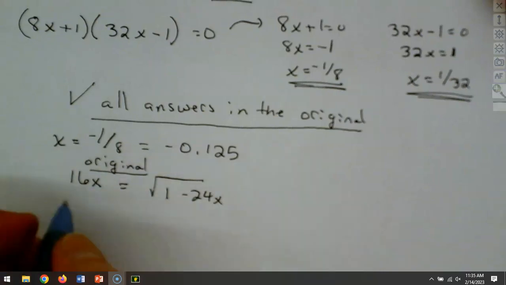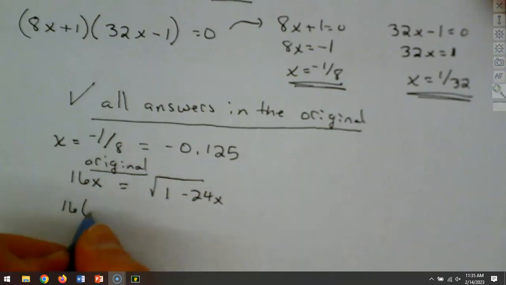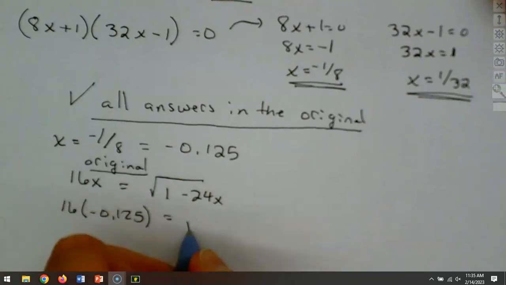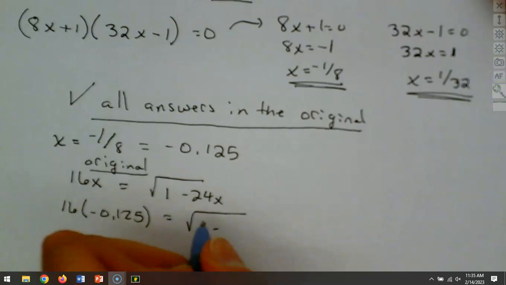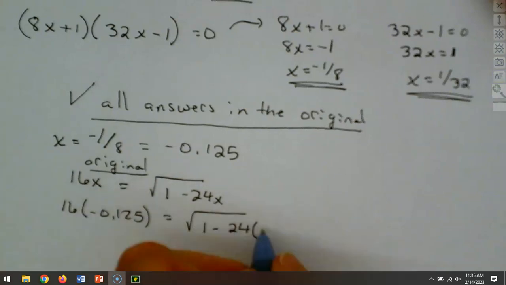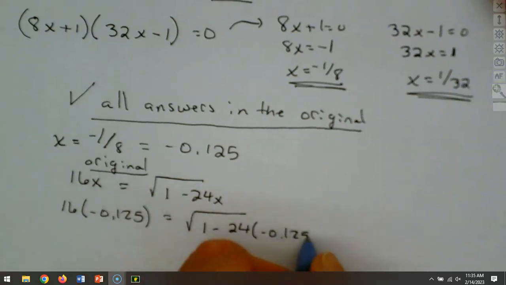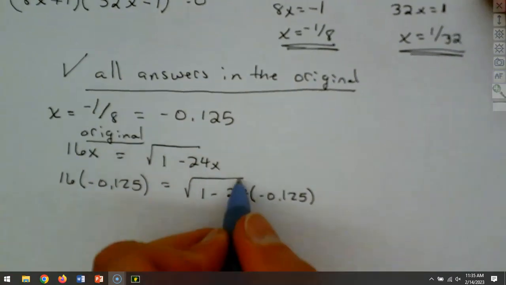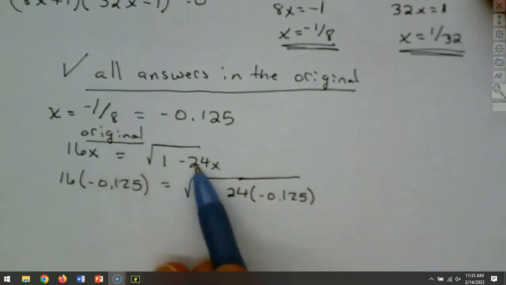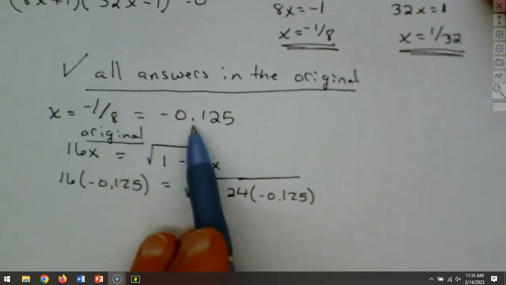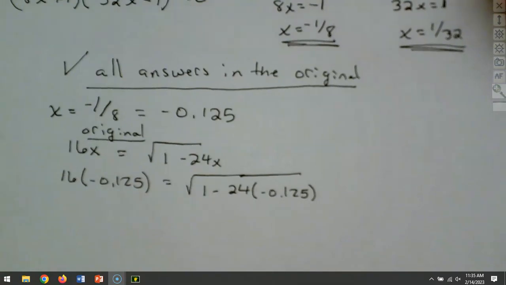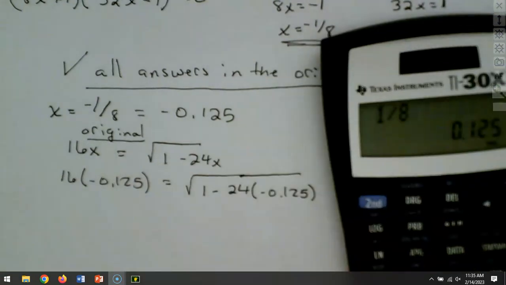We plug our values in. So there's the original, right? We have to plug in our value of x and use the decimal equivalent. And then we see if the sides are the same.